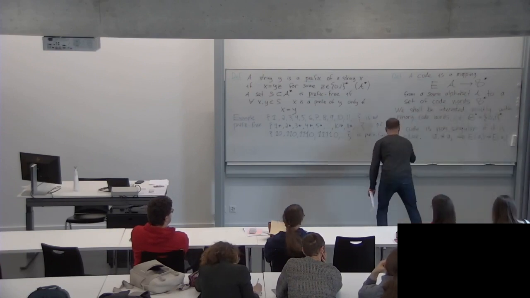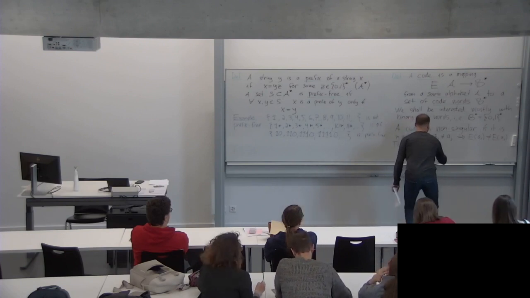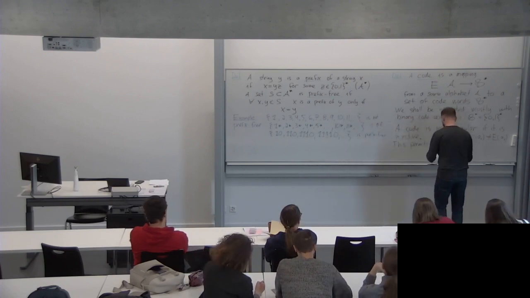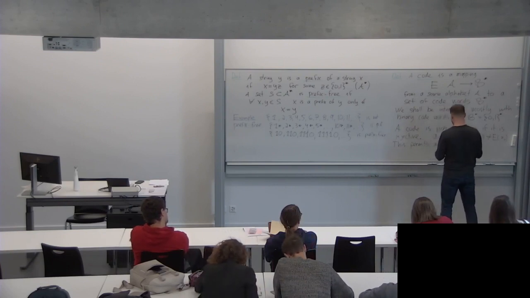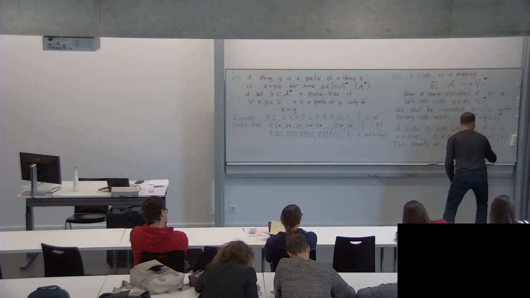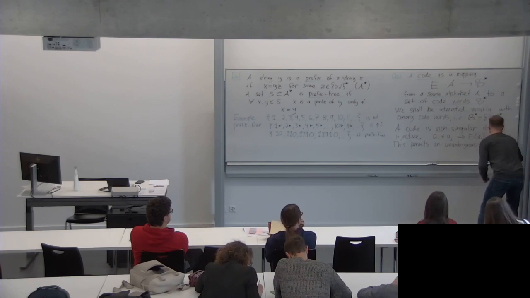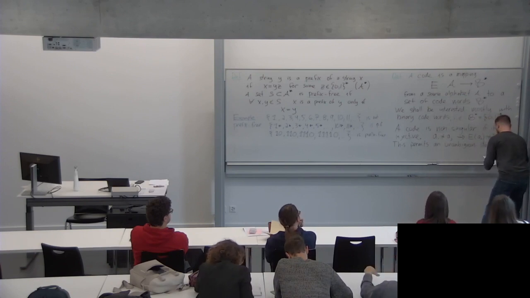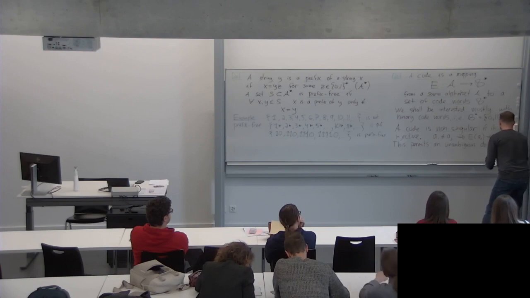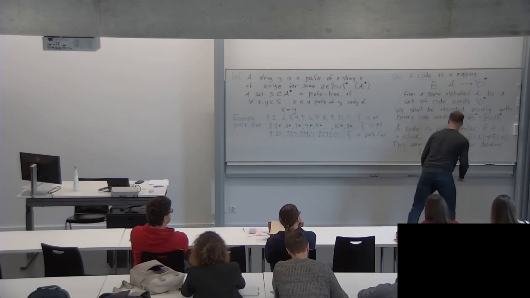And this permits an unambiguous decoding function. I'll just call it D equals E minus 1.